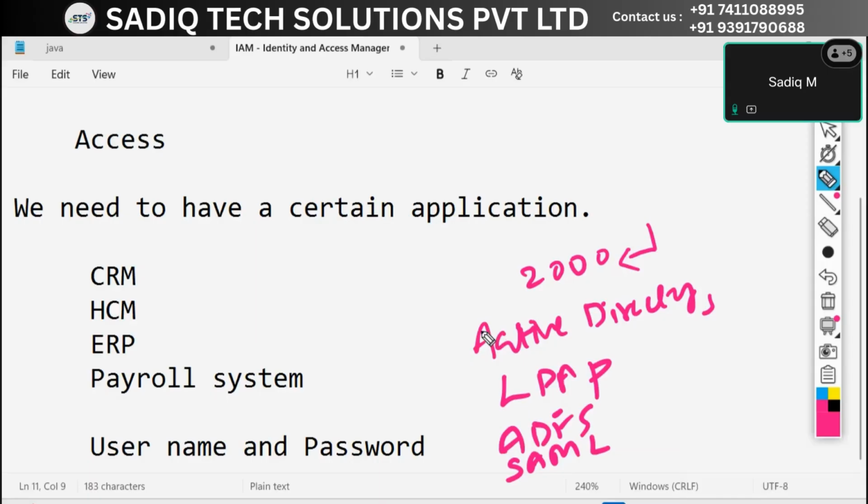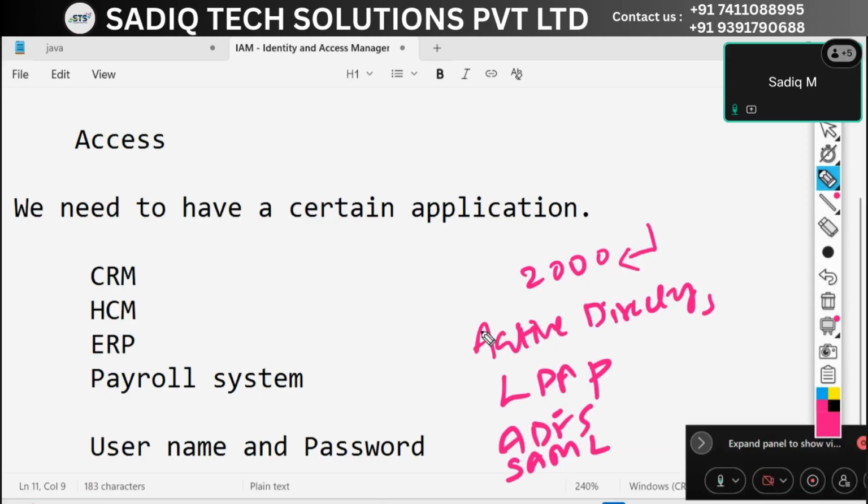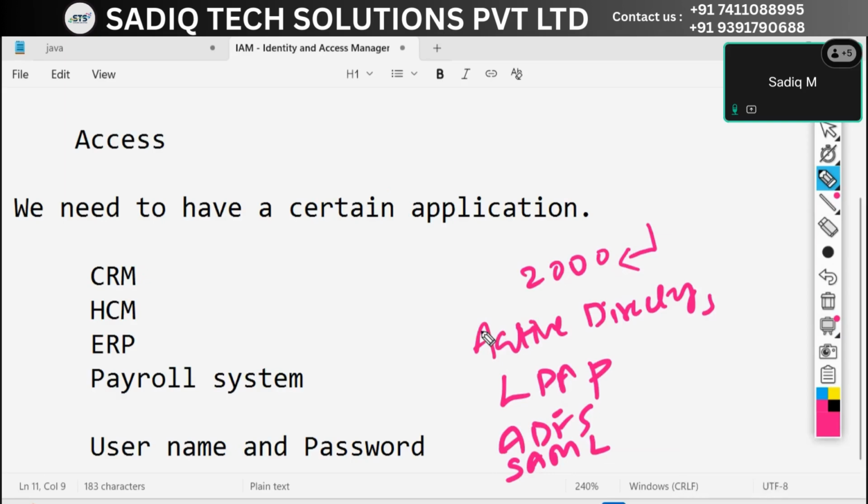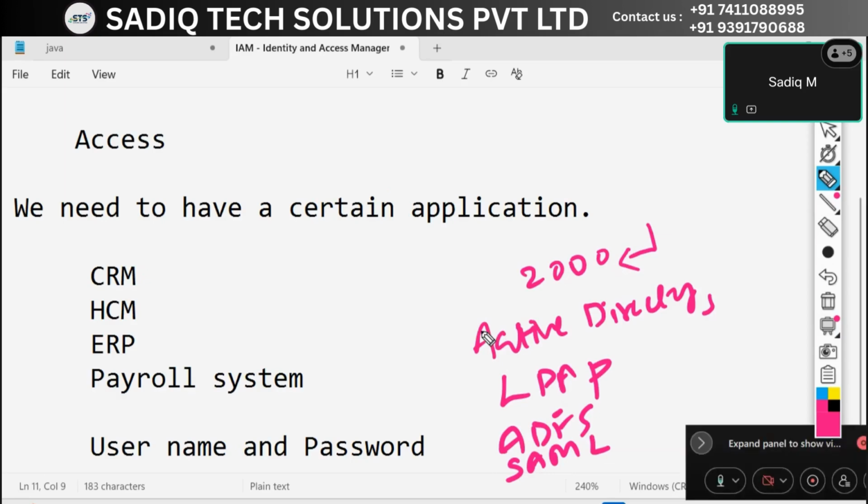They kept passwords as per their own requirement, and it would become a weak case. The hackers can easily hack the passwords. So all these issues were there before 2000. To solve all these issues, they came up with a solution called IAM, Identity and Access Management.